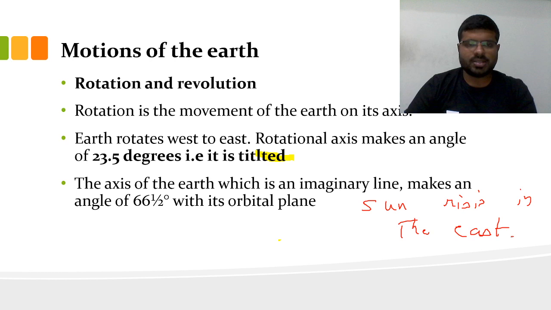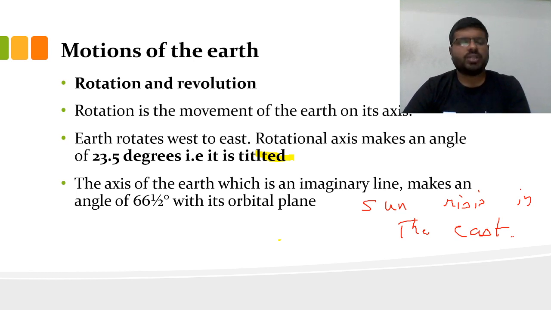The sun does not rise; rather the sun is constant and the earth is moving around it. As the earth rotates from west to east, it looks like the sun is rising from the east. So that is why the sun rises in the east.